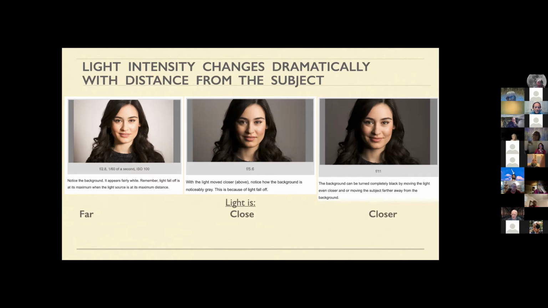If we look at the one in the middle and say that light is close, in fact, the photograph on the left has the light source further away. And the photograph on the right, where the background is dark, has the light closer. How could that possibly be?